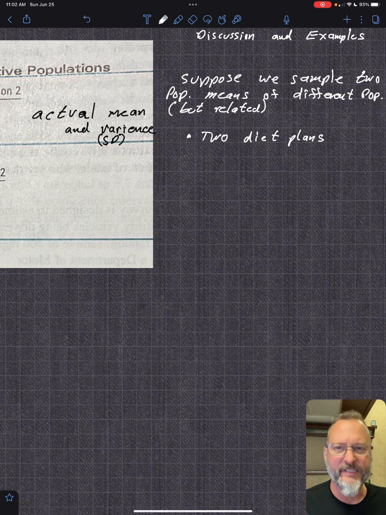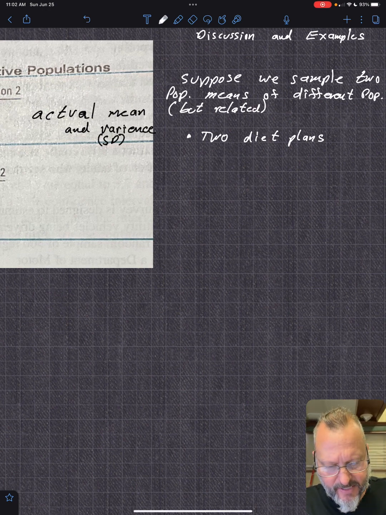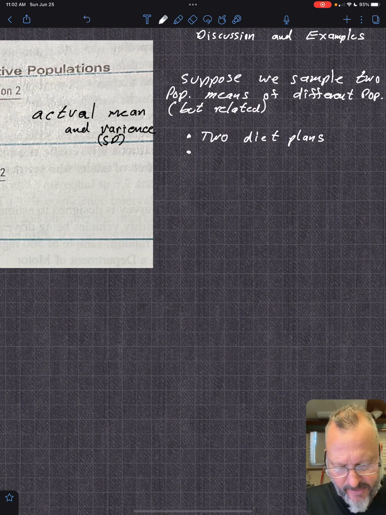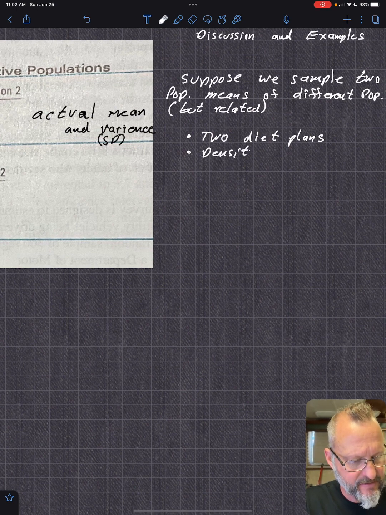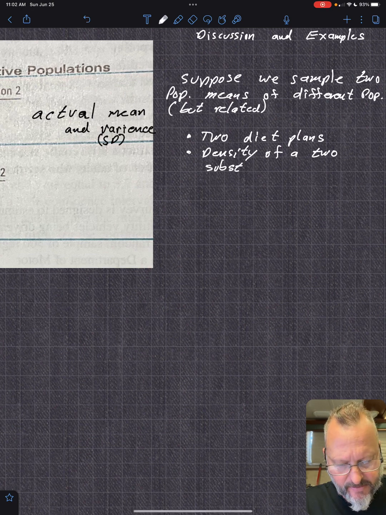Same type of quantity, not the same value, obviously. So two diet plans. What else did I have here? I always try to think of physics stuff. Density of two substances.